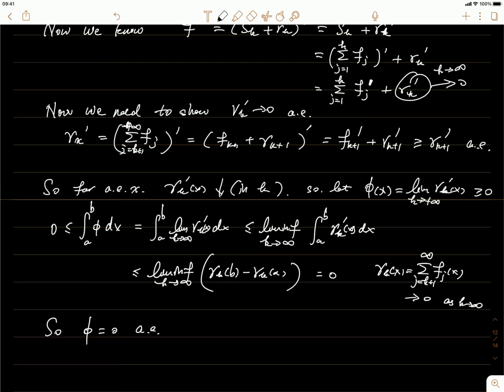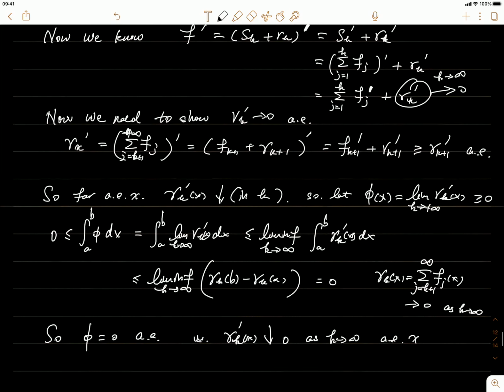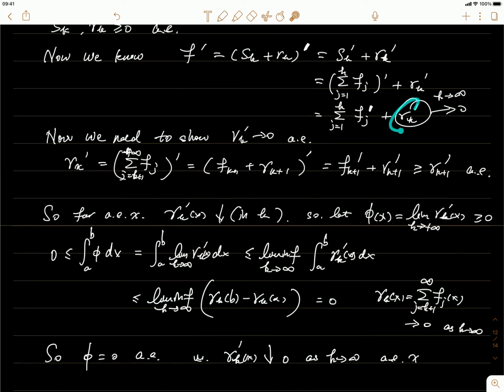And that shows that r_k prime at x goes down to 0 as k goes to infinity almost everywhere. And this completes the proof, since we know that this goes to 0 almost everywhere. So that's why this will converge to that as k goes to infinity.